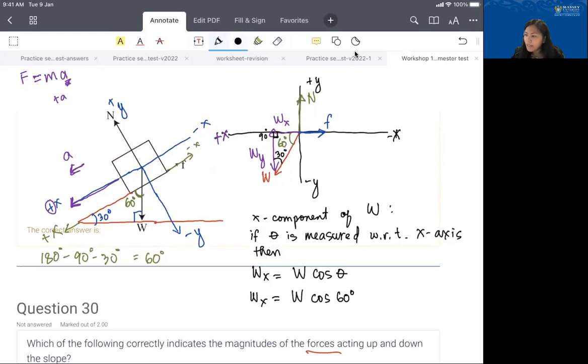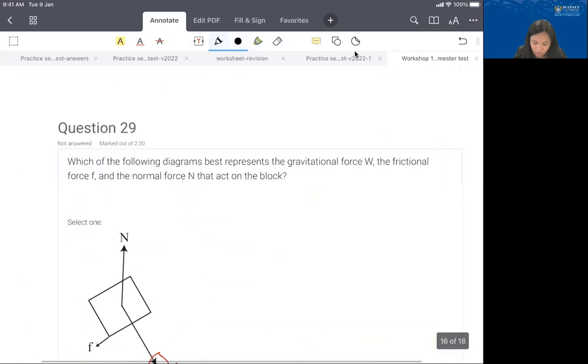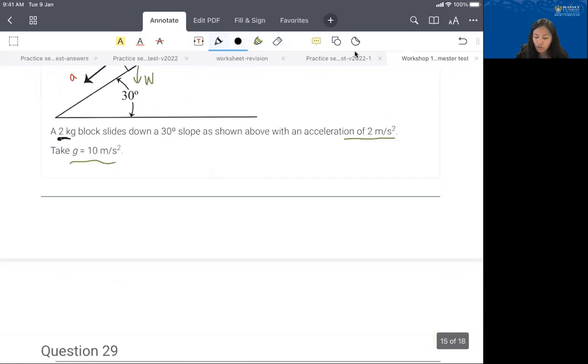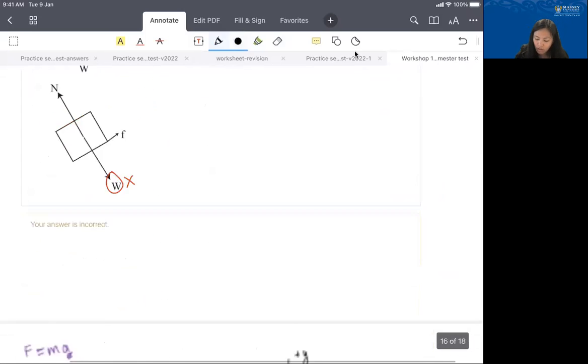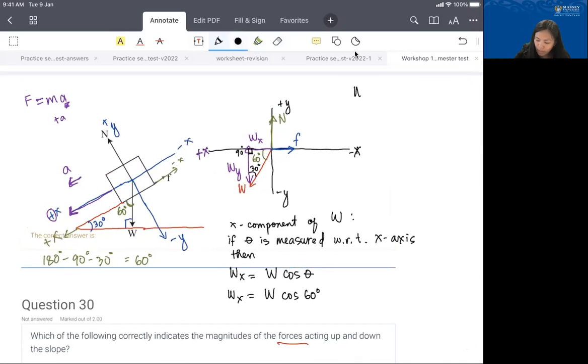And I think we can find W because the weight force was given. The mass is given as 2 kilograms and g is 10 meters per second squared. So we can solve for the weight force. Weight is equal to mass times gravitational acceleration. That's 2 times 10, so that's 20 newtons for the weight force.